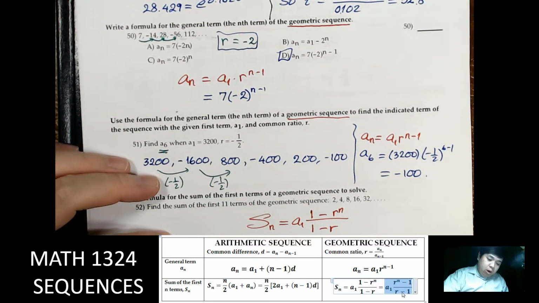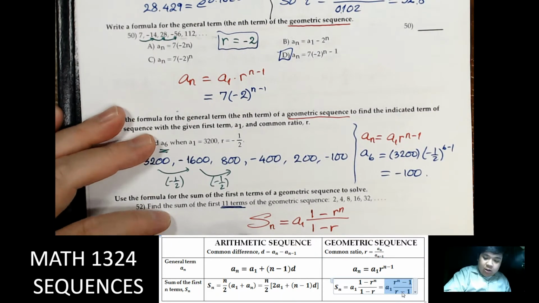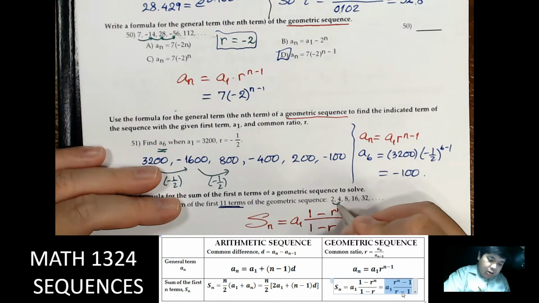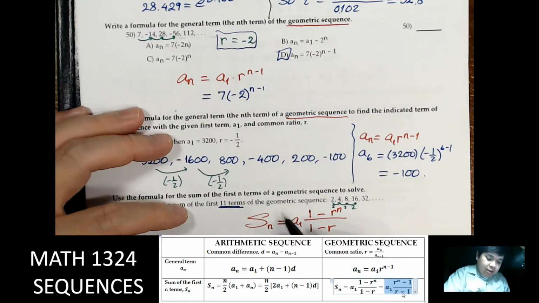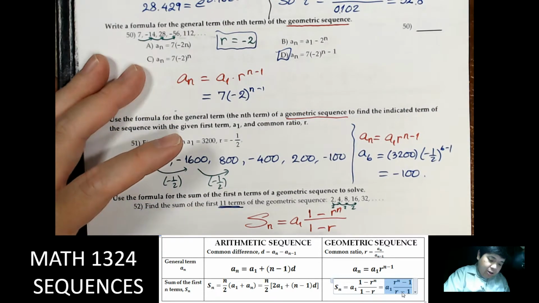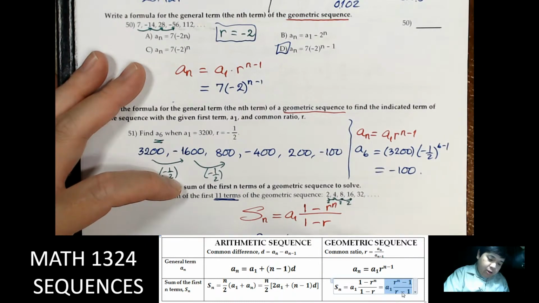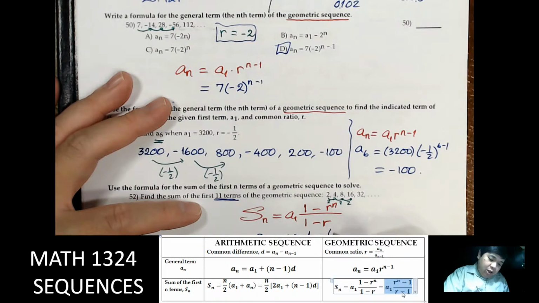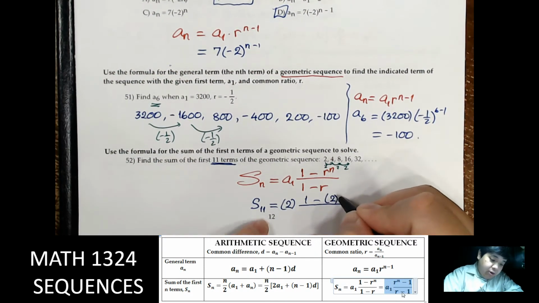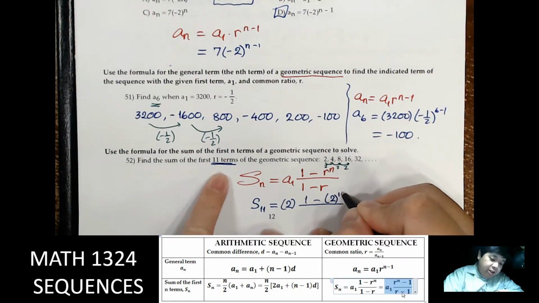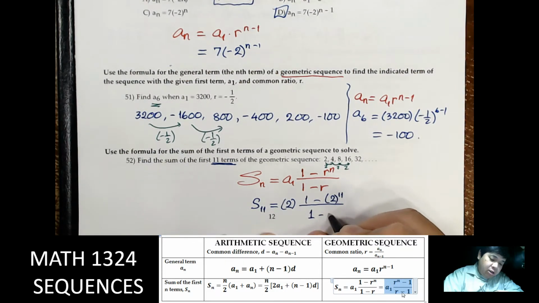So in this case, we want 11 terms, and we multiply by 2 every time. a1 is the first term, that is 2. r, the ratio, is 2 also. Power 11, that's going to be 11 terms, and 1 minus r is 2. So pretty much we have everything already.